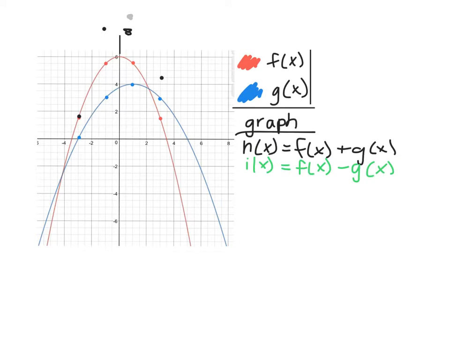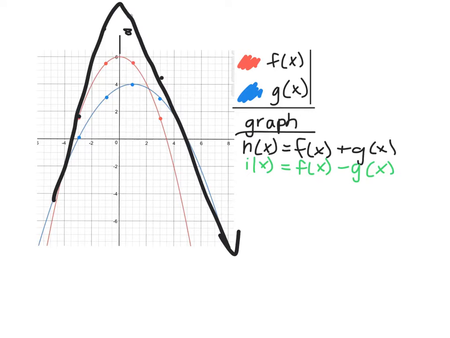Then we can connect all of our dots, and we should have a nice parabola. We can extend our lines and draw our arrows. That would be our approximate h of x function in black.